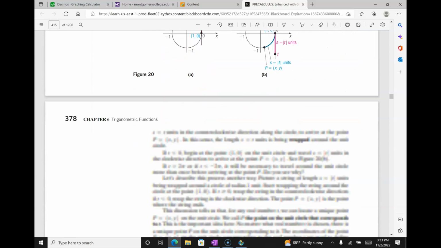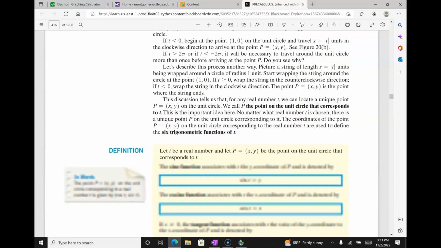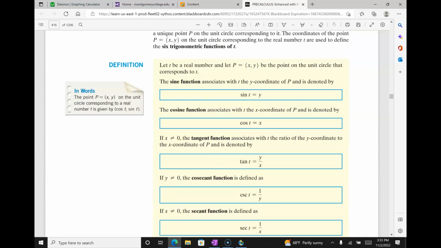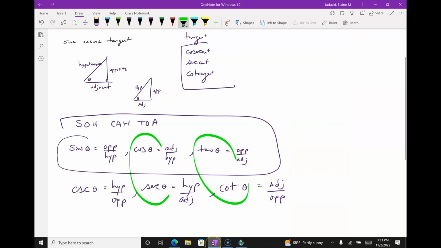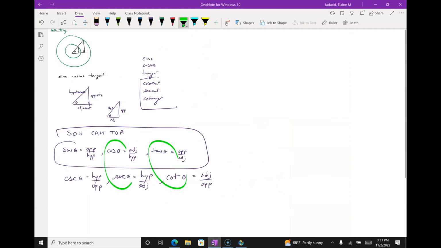So what we have to talk about is this in terms of x and y. We have to talk about all these trigs in terms of x and y.